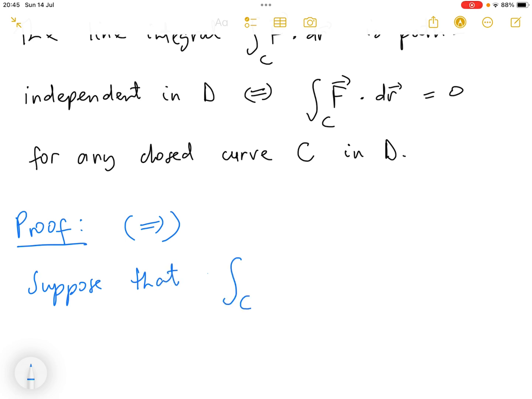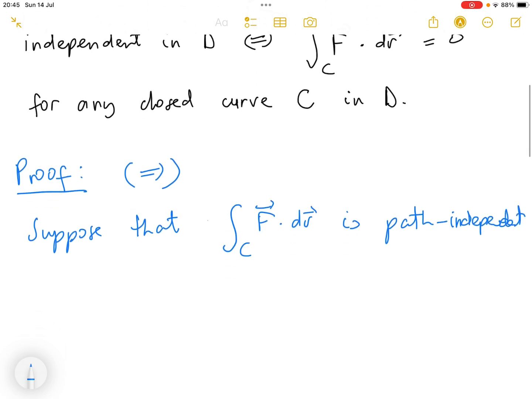Suppose that the line integral of f along C is path independent in D. Okay?